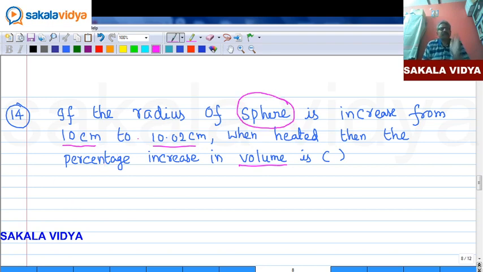See, so first option 0.2, second option 0.6, third option is 0.05, fourth option pi by 10. This is the question.